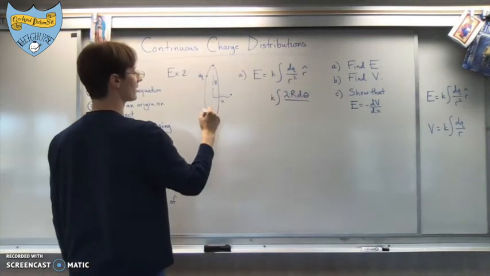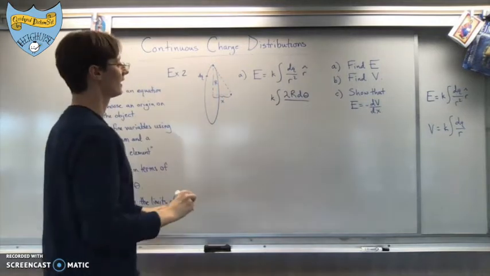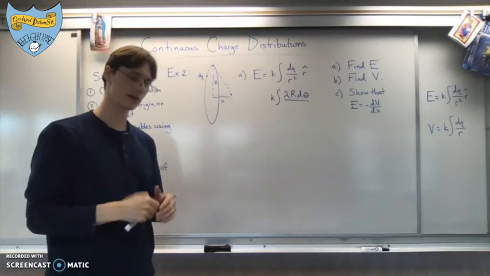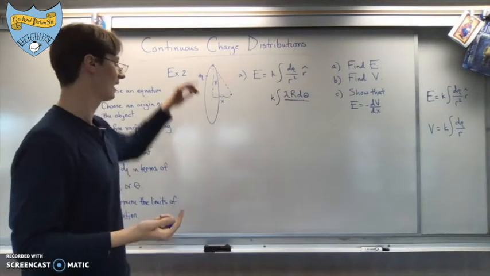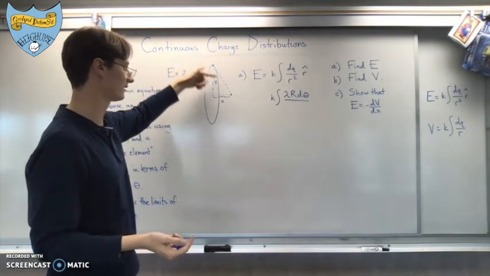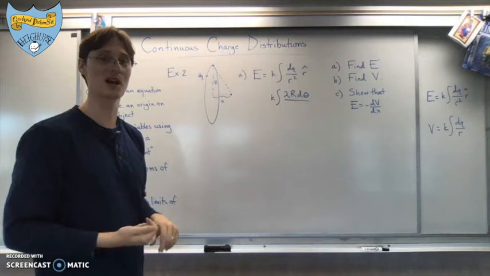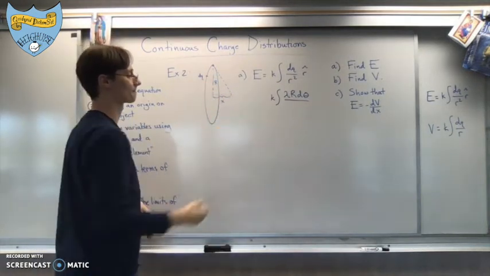All right, little r is going to be this distance here. And we can say that any point on the ring is the same distance away from that point. I've drawn it from my origin in this case because it's a little easier to see the geometry there. But from dq, it would be the same idea.